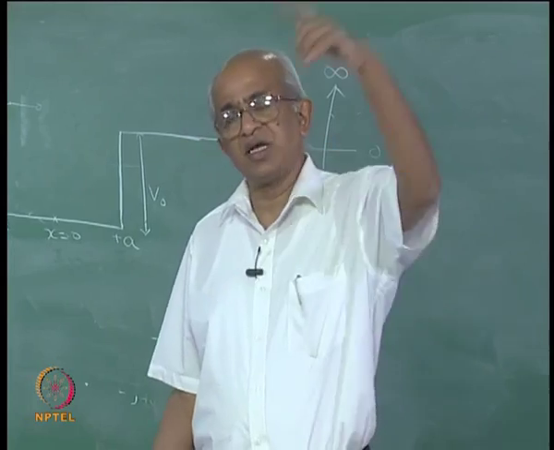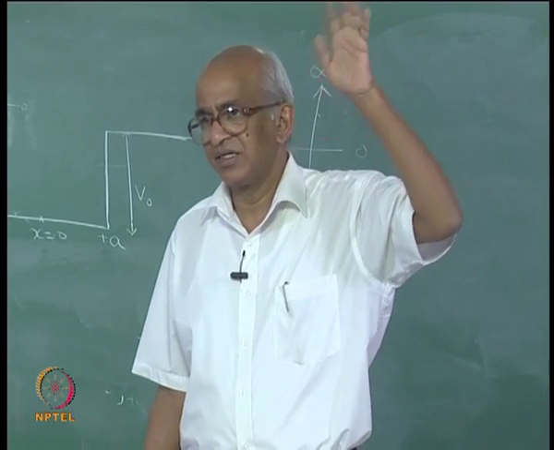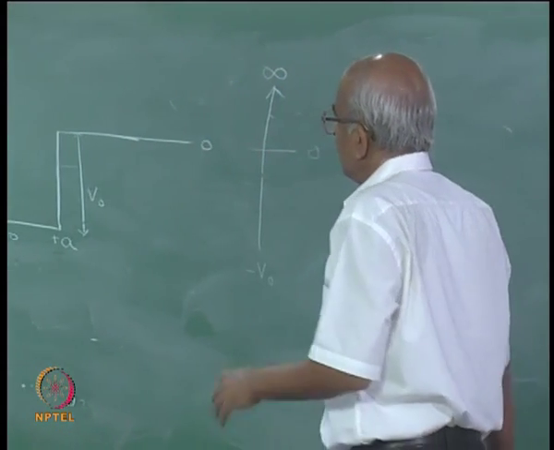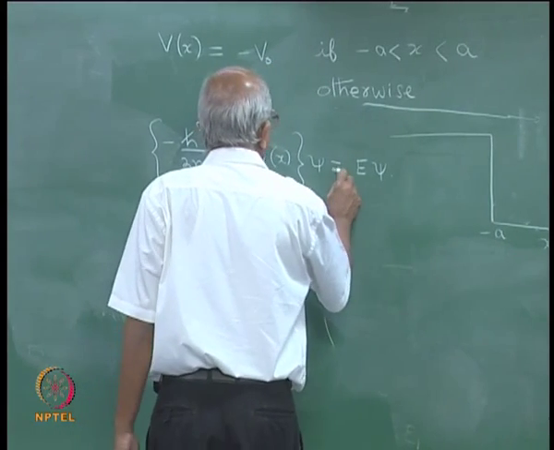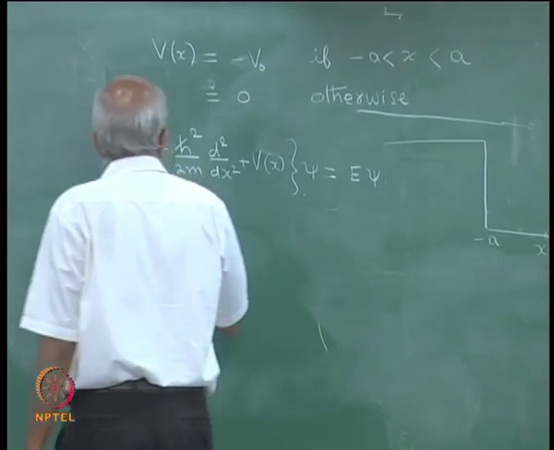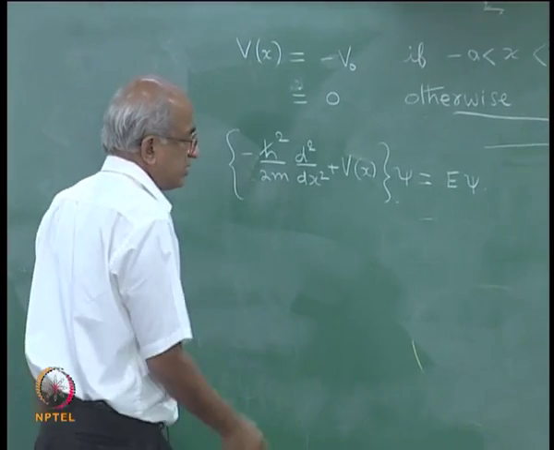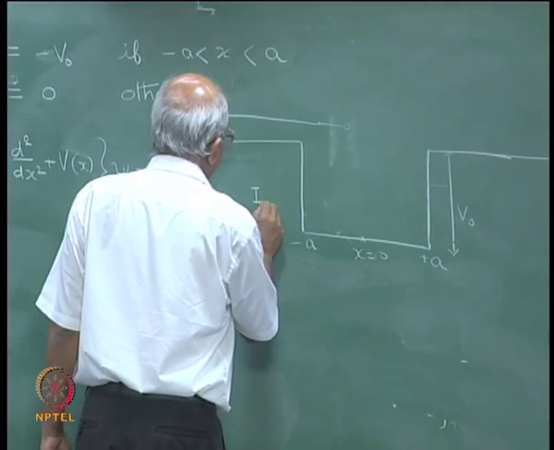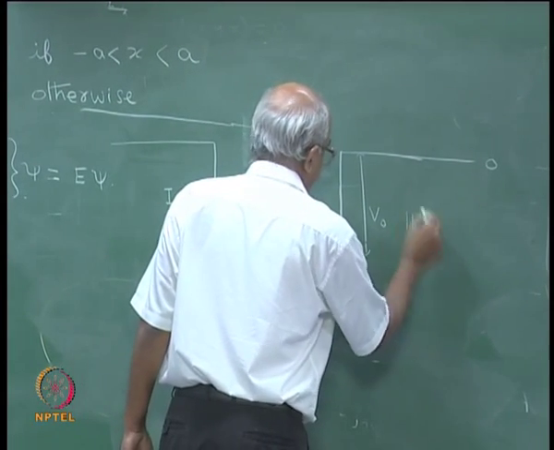And then after that, I will worry about situations where the total energy of the particle is greater than 0, correct. So, let us try to write down this differential equation in 3 different regions. This is region 1, this is region 2, and that is region 3.